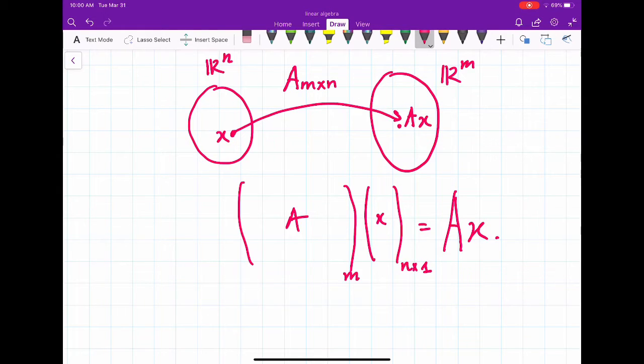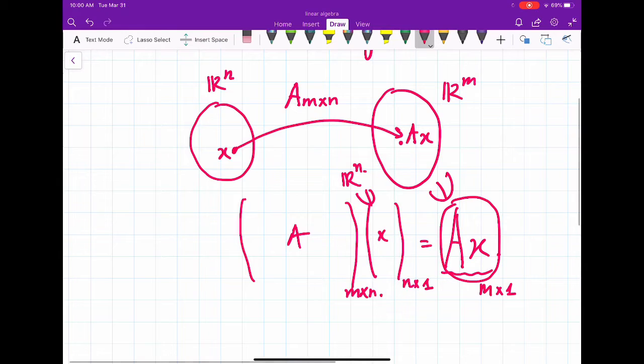Because here you have m by n, that means x has n coordinates. By matrix multiplication, the vector Ax has size m by 1, meaning Ax is a vector in Rm, and x should be a vector in Rn. So we may consider A as a map from Rn to Rm.